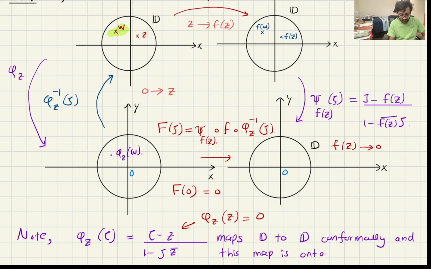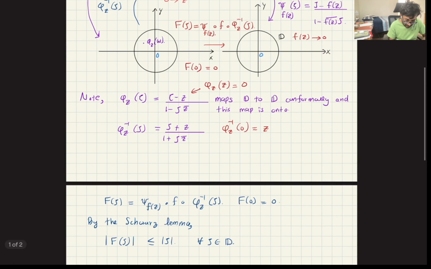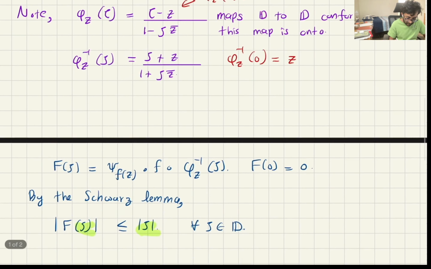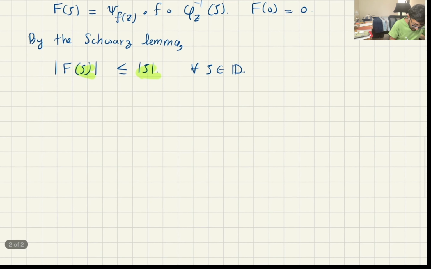Since this inequality is valid for any theta in the unit disk, I would replace theta by phi ZW.